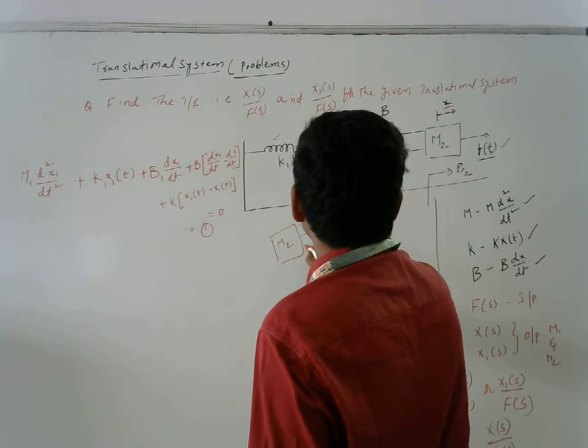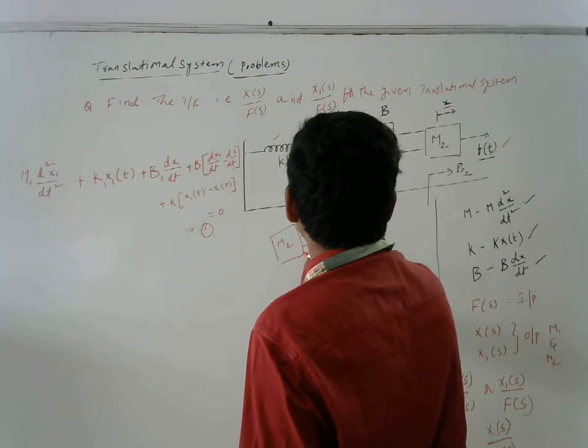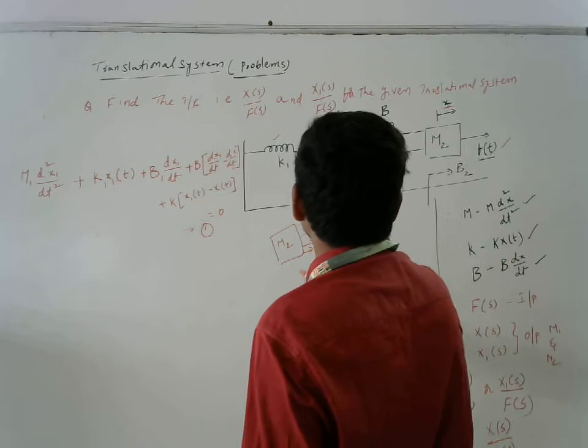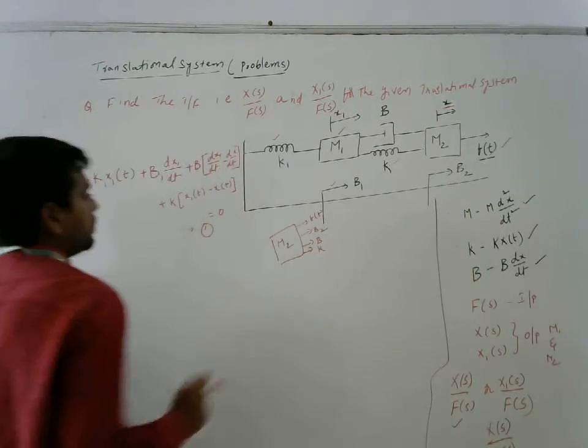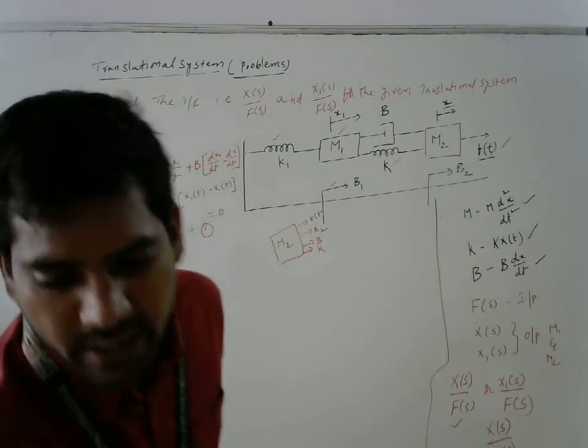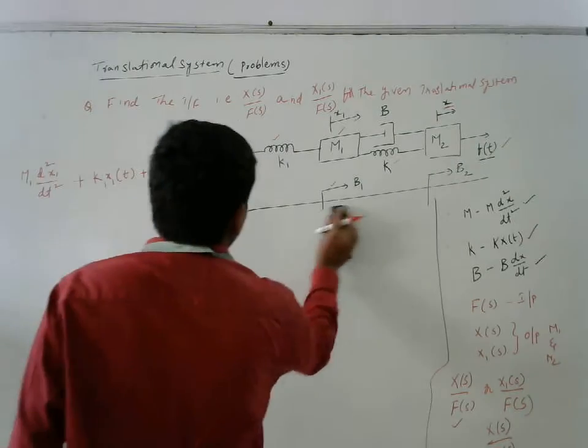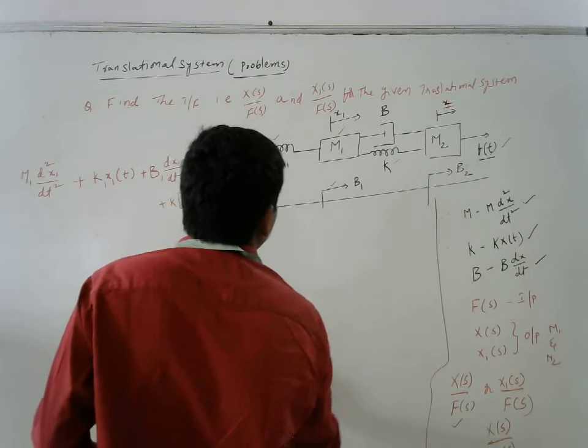After that, we are having B. After that, we are having K. See here how we are going to write that particular differential equation. Just very simple. Just you need to concentrate.